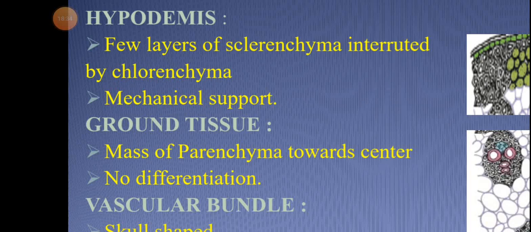Sclerenchyma means the cell wall is made up of lignin, mainly for mechanical support. Wherever sclerenchyma cells are present, that region is very hard in nature. For example, bark and the surface of the seed are very hard because sclerenchyma cells are present, because of the lignin content in the cell wall.